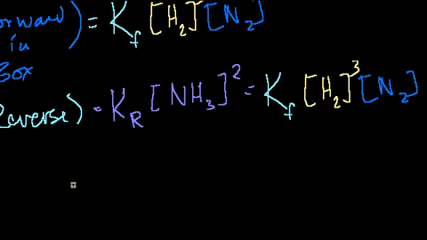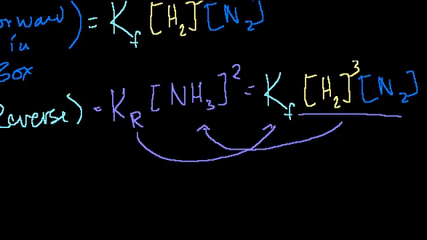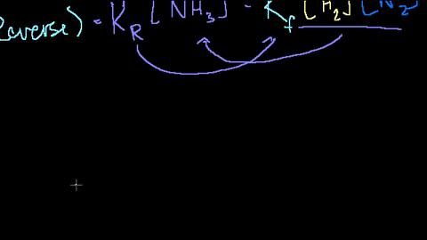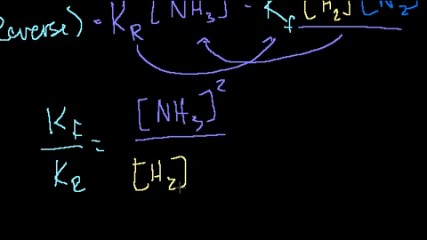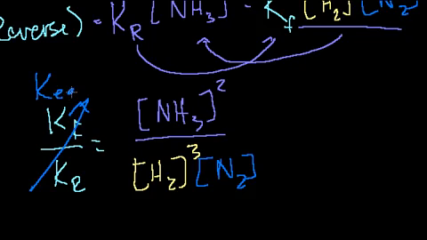So I'll take these and divide them into this, and I'll divide that into that, and you're left with Kf over Kr is equal to the concentration of ammonia to the second power divided by the concentration of hydrogen to the third power times the concentration of nitrogen. And this is just, you could call that the equilibrium constant. And there you have it, a pseudo-derived formula for the equilibrium constant.